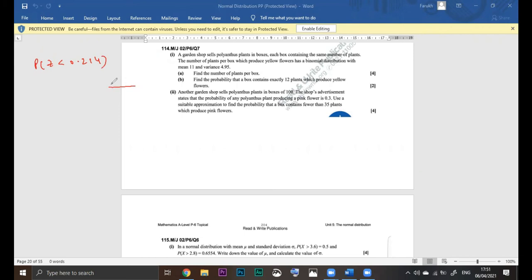We will draw the normal distribution curve with 0 in the middle, 0.214 on the right hand side of 0, and we will shade the area on the left hand side of 0.214. Now this one is phi of 0.214 and the answer from the table is 0.5847. This is the answer to the question number 114 part 2. Is there any confusion?